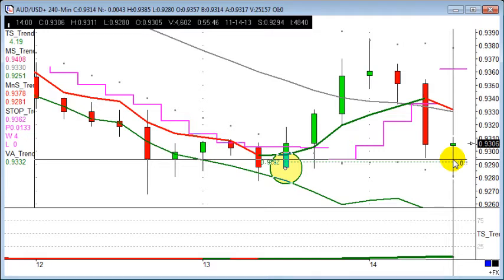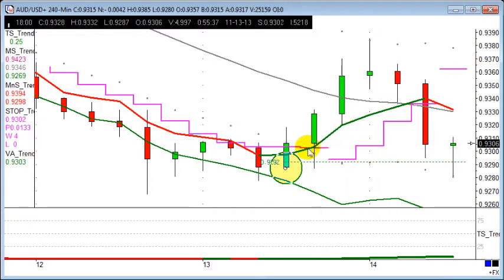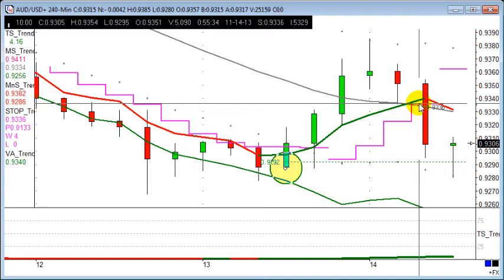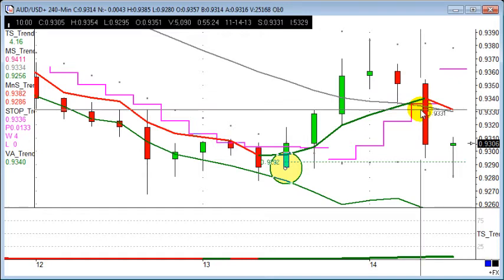That's one, we've bounced off support. Number two, we can see we're actually in an uptrend. The green vector average line on the 4-hour chart is suggesting that the markets are likely to push higher. In other words, this is a winning horse on form. It's likely to move higher and likely to move to its full extent of the move. So you're looking at the context: it's off support, the trend is up.